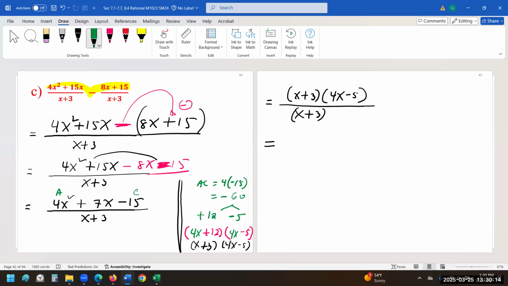We can cancel out the x plus 3. So what is left, on the top or on the bottom? Top. 4x minus 5. So same denominator means write the denominator once, combine the top, factor, cancel which cancel, which not, keep it.